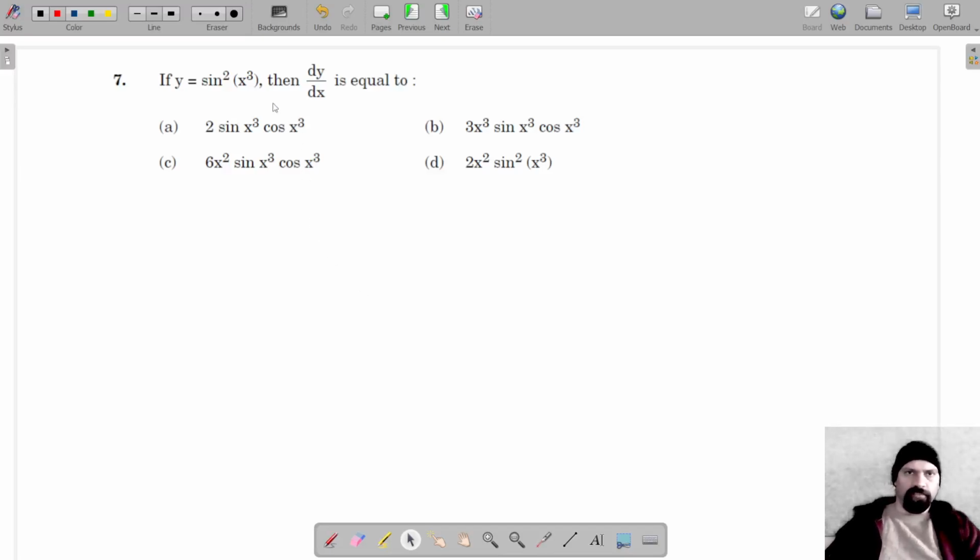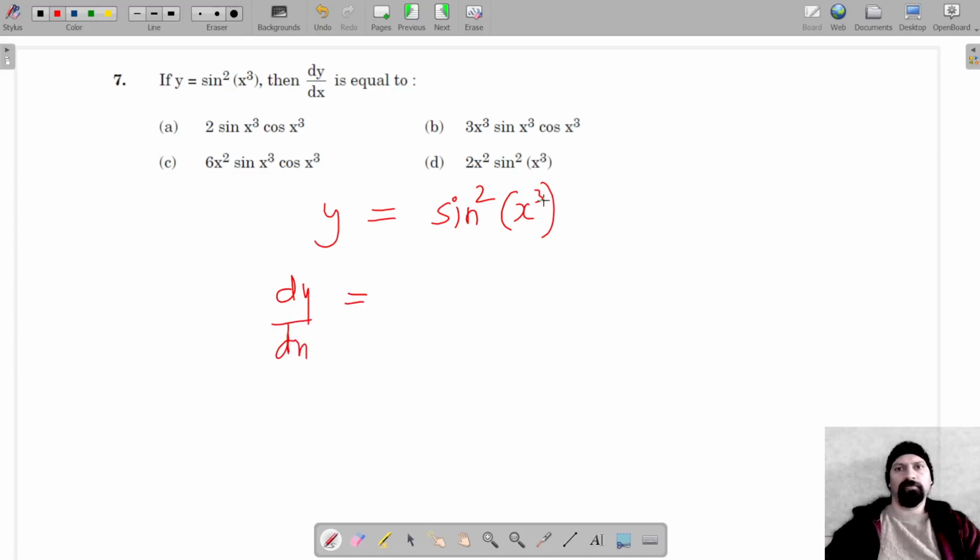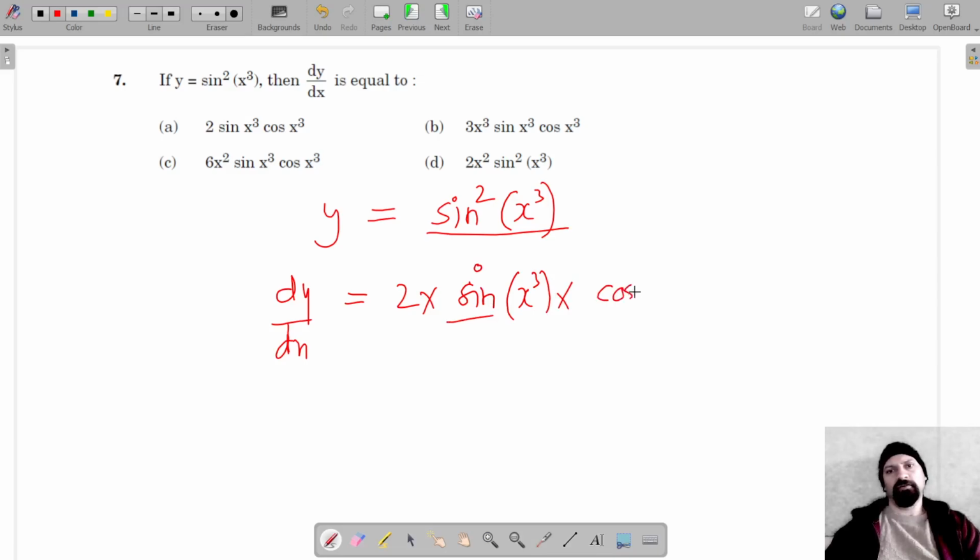Okay, for question number 7, it's given that y is equal to sine squared x cubed, and we need its differentiation. Let's differentiate it. dy by dx: we first use x raised to power n, which gives n into x raised to power n minus 1. 2 minus 1 is 1, so sine of x cubed, and then the differentiation of sine, which is cos of x cubed, and then the differentiation of x cubed, which is 3x squared.